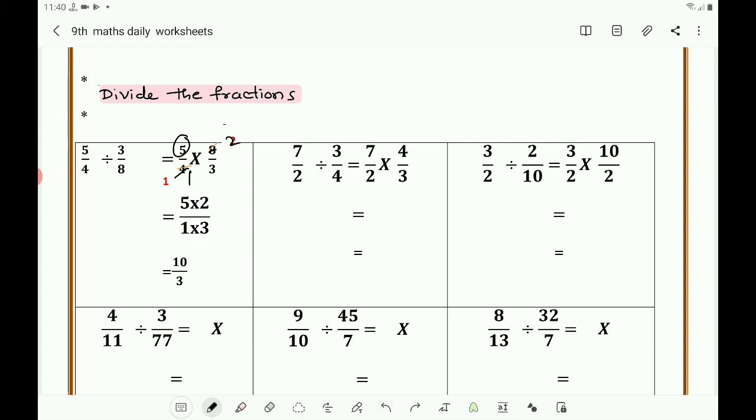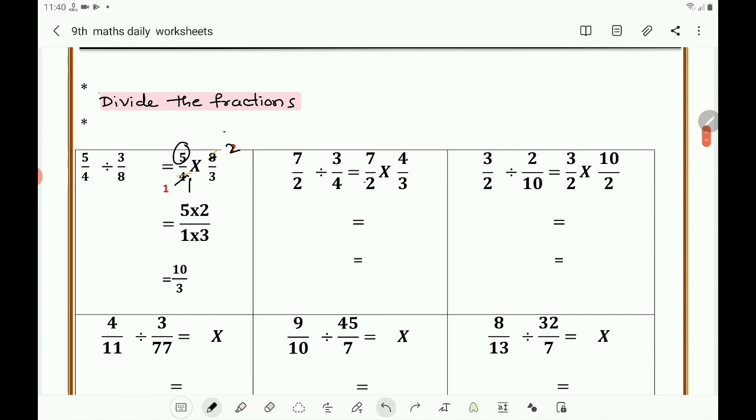Again, children, you take the second one, 7 by 2 divided by 3 by 4. Here also the same method you have to follow. Write the first one, 7 by 2, as it is. Then in the place of division symbol you write the multiplication.